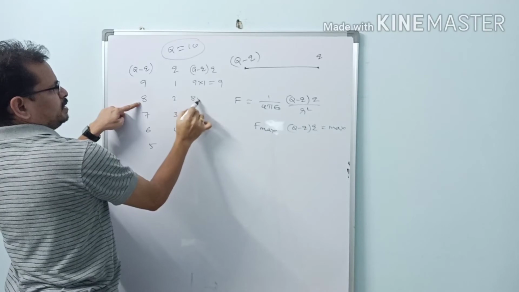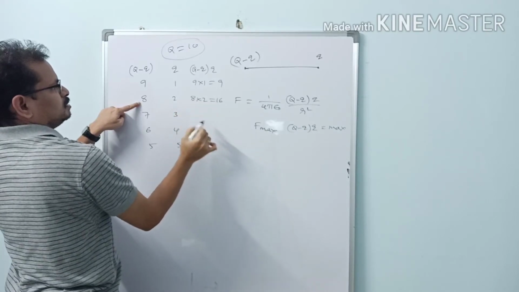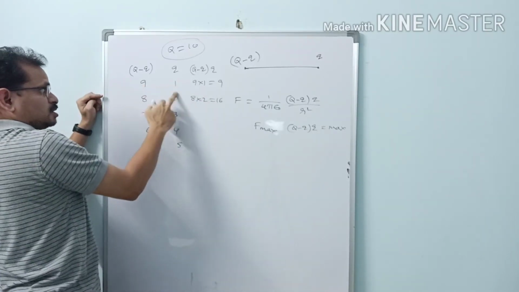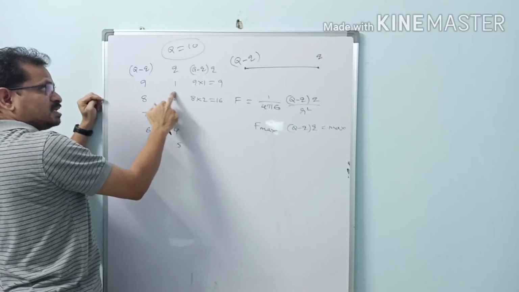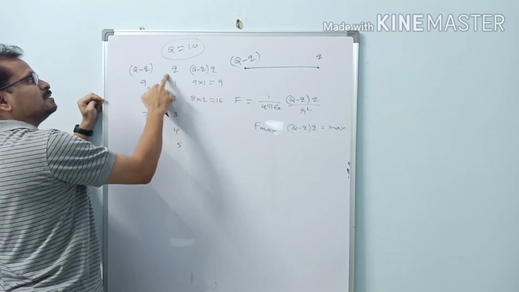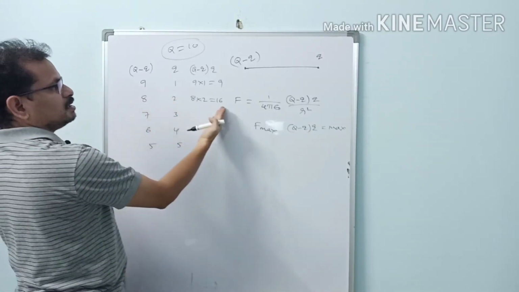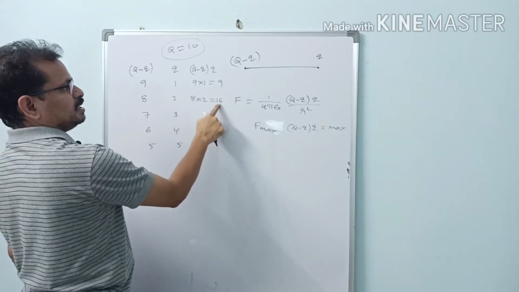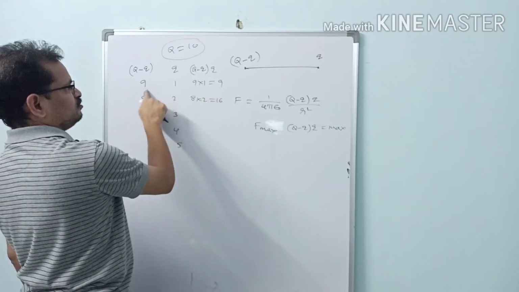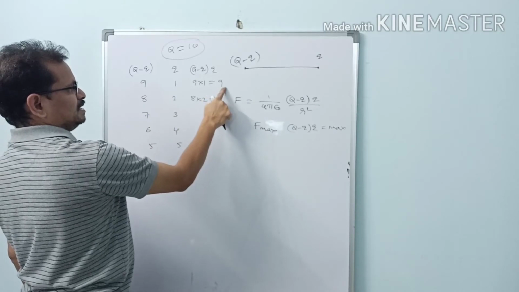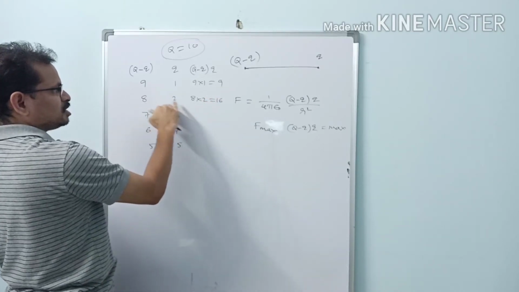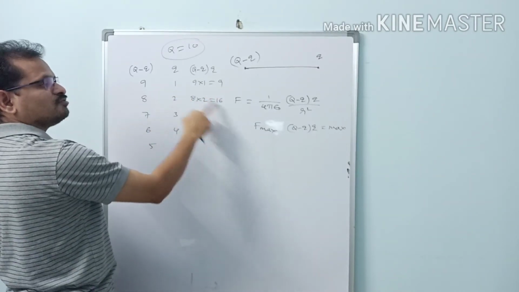Similarly, 8 into 2 equal to 16. So the distribution of charges in this pattern is better than in this pattern, because here their product is 16, which is greater than the product of these two charges here, that is 9.